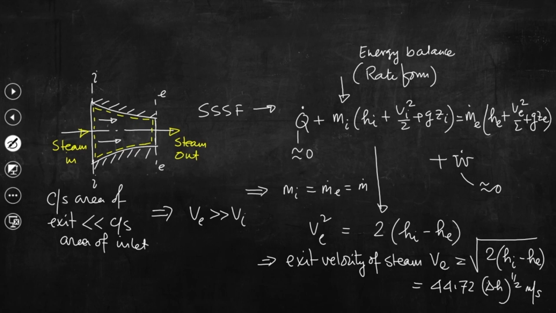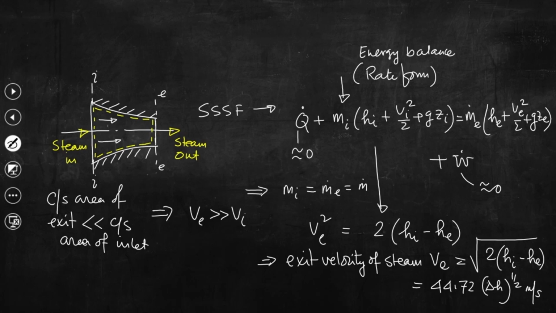So, that is this: if we measure H_I and H_E in kilojoule per kg, the exit velocity of steam at the exit of the nozzle is 44.72 into delta H to the power half.